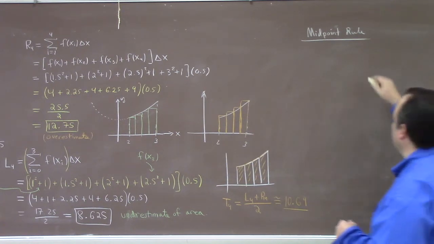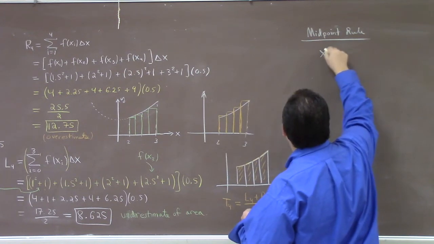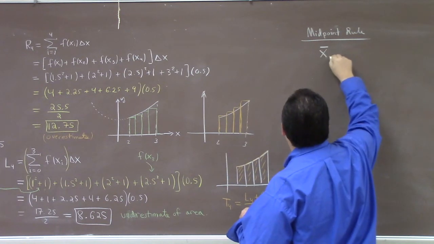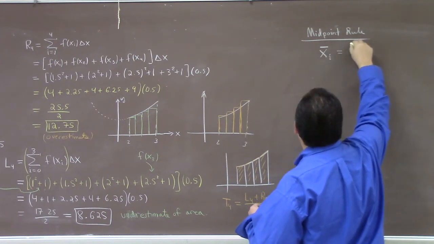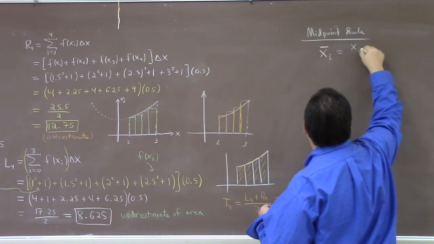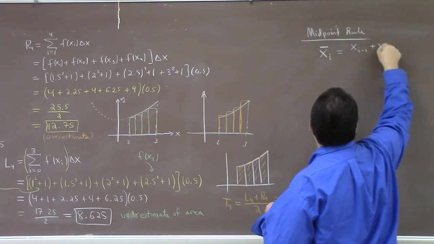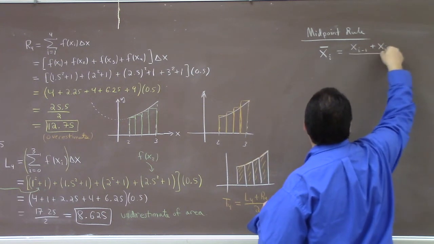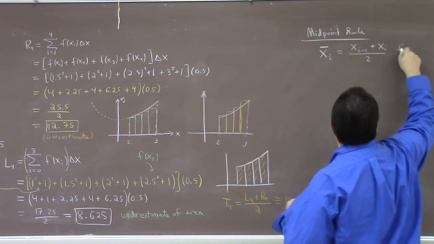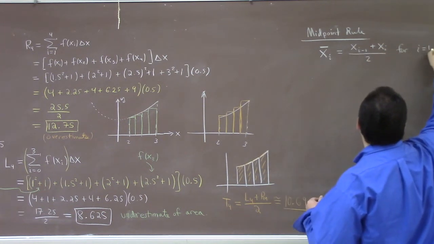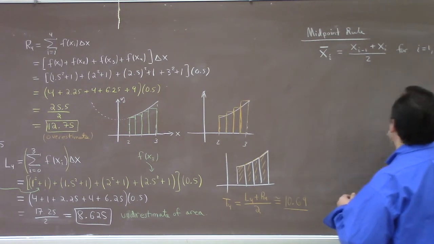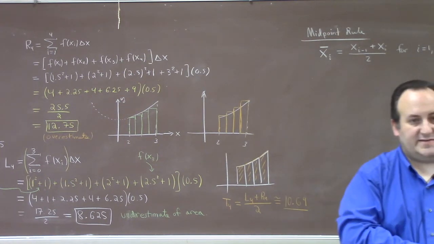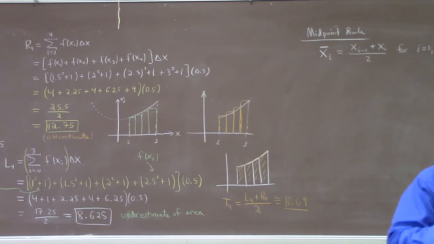Yeah, okay, very good. We'll use a new notation, this x bar sub i. That's going to be x sub i minus 1 plus x sub i, divided by 2, for i equals 1, 2, all the way out to n. So the midpoint rule is based on taking midpoints of the intervals we've looked at.